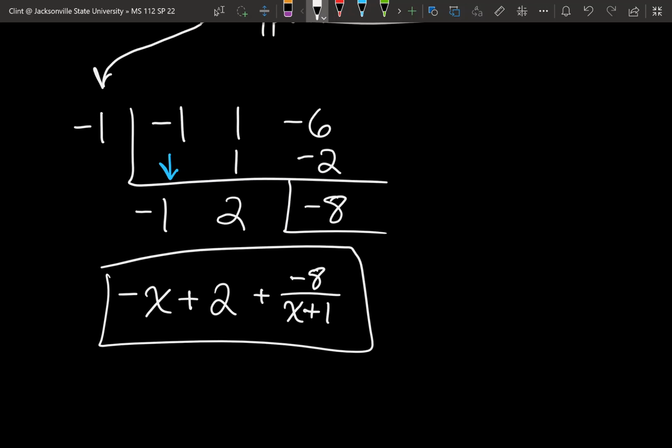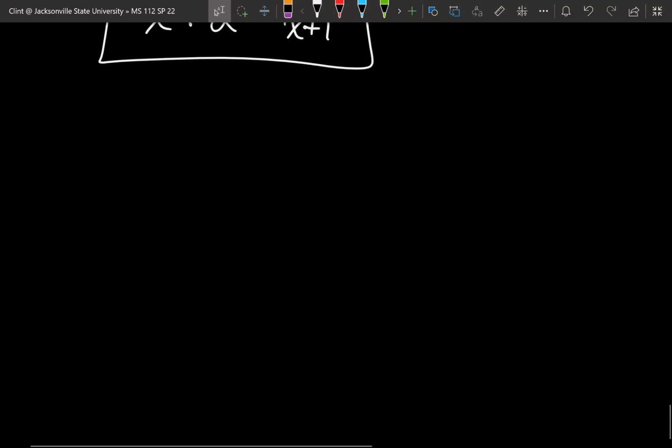So you use x plus or minus a number as long as the number in front of the x is 1. As long as the leading coefficient is 1, you're in good shape. Let me hammer that home one more time. We won't do this one, but we have this one.